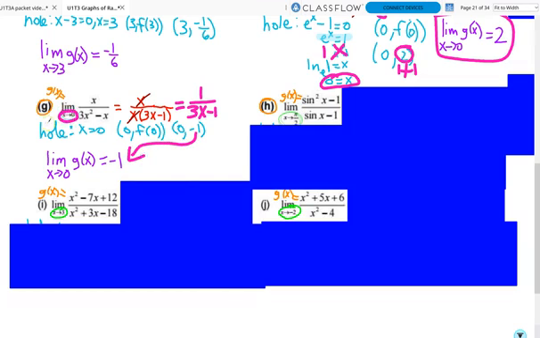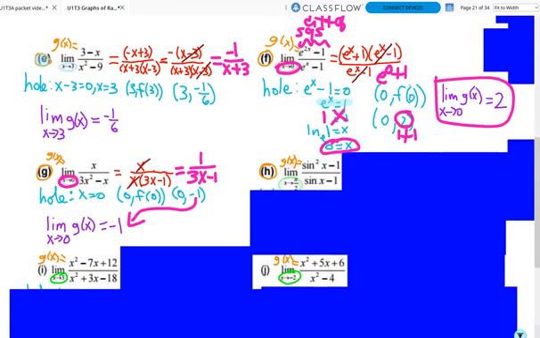Last one, H, is very similar to our problem e to the 2x minus 1 above in terms of our factoring algorithm. This is also sine squared x minus 1, which is also a difference of squares. You should remember from last year that sine squared x is the same thing as saying sine x times sine x.